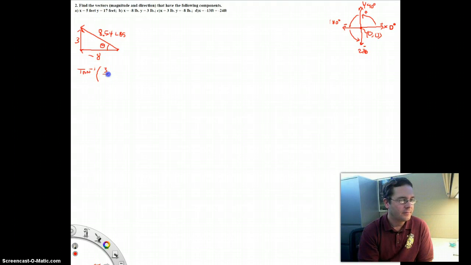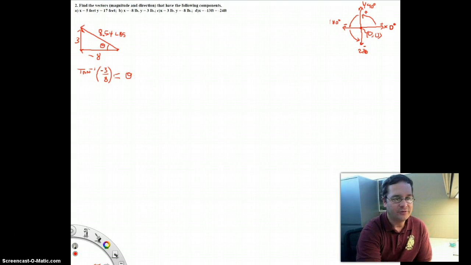So 3 over 8, and actually, you know what, I will use the negative number because that'll actually give us the correct orientation of the vector. So the arctangent of negative 3 over 8, because that negative symbol can just be pushed from the denominator to the numerator, equals theta.